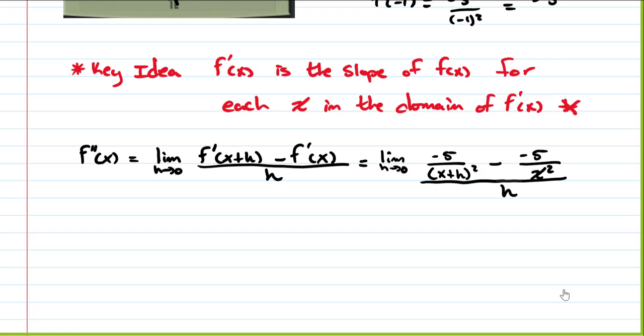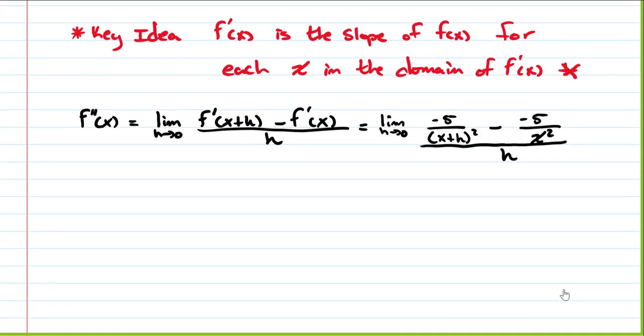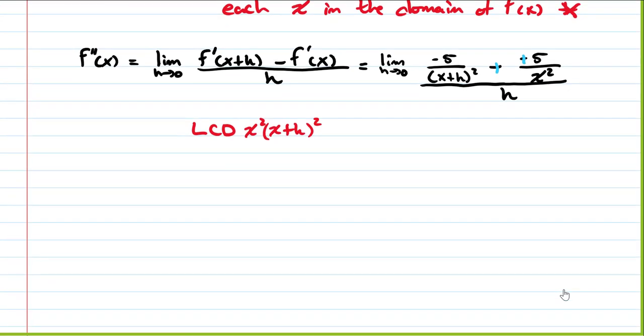So this time, our LCD for all of our fractions is going to be x squared times x plus h squared. And we have a minus minus, so that's going to become a plus. So we build our fraction once again by multiplying the numerator and denominator by the LCD.